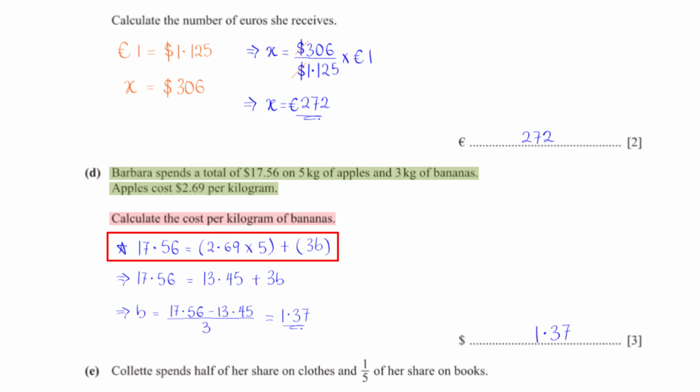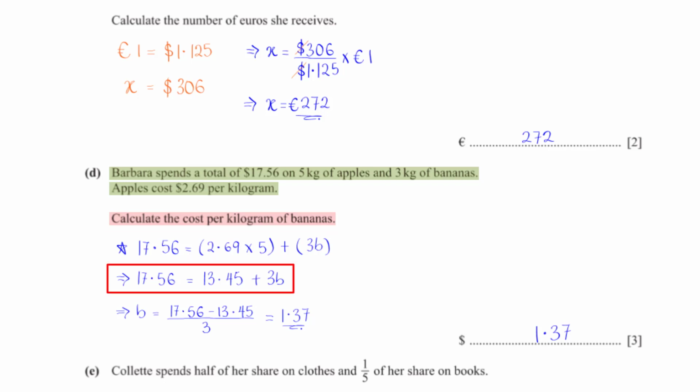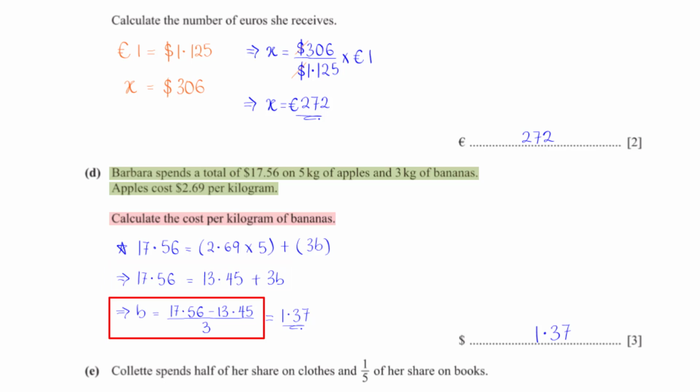The total amount she spends, which is $17.56, is equal to the amount she spends on apples, which is $2.69 times 5, plus the total amount she spends on bananas, which is 3 times the cost per kilogram of bananas, which we are calling B. 2.69 times 5 is 13.45. When we make B the subject, this is what we have, which is equal to 1.37.